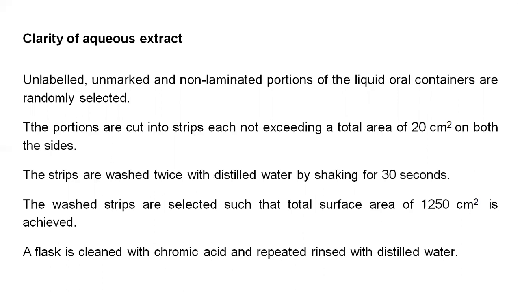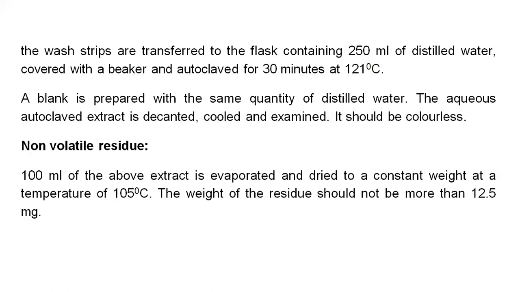The washed strips are selected such that a total surface area of 1250 square centimeters is achieved. A flask is cleaned with chromic acid and repeatedly rinsed with distilled water. The washed strips are transferred to the flask containing 250 ml of distilled water, covered with a beaker, and autoclaved for 30 minutes at 121 degrees Celsius.